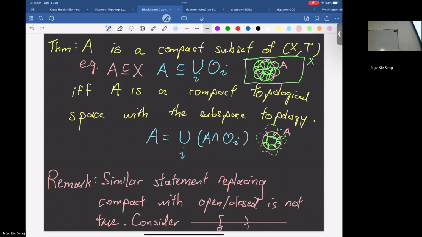Because you can see this as A intersect with an open set, or you can view it as A intersect with some closed set. Let's say 3/2 and minus 1/2.